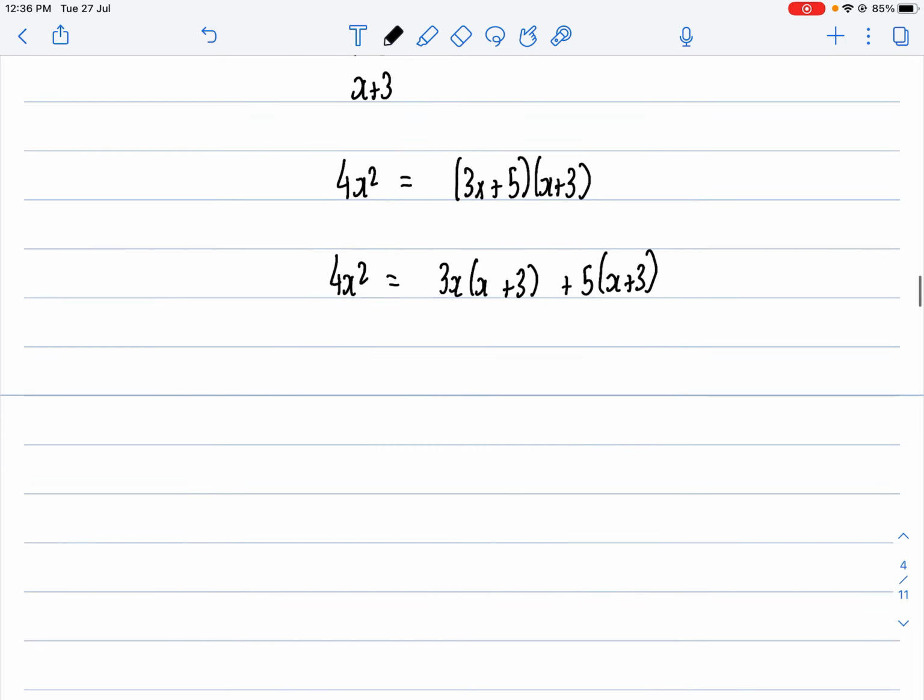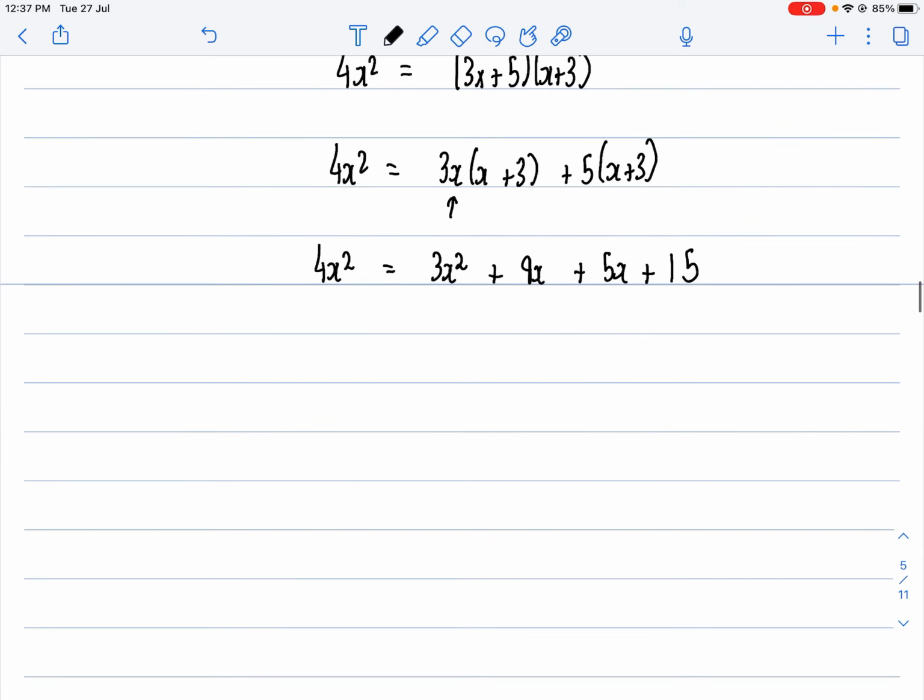So I can write this as 4x square equals to, when I take 3x inside the bracket, I get 3x square, correct, plus 9x, because 3x into 3 is 9x, plus 5x plus 15. Correct? Now I can get everything to one side. So before that I can write this as 4x square equals 3x square plus 14x plus 15.